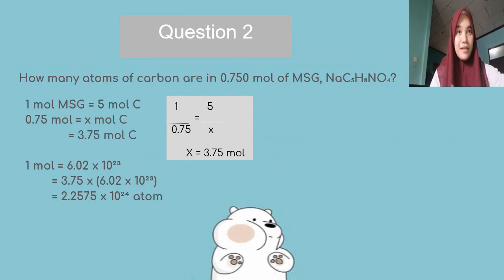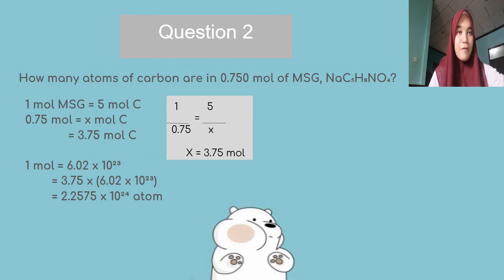So the next question: how many atoms of carbon are in 0.750 mole of monosodium glutamate? The first step is we need to compare 1 mole of monosodium glutamate with 5 moles of carbon based on its molecular formula, which is NaC5H8NO4. After that, if we use 0.75 mole, what mole of carbon do we need to use?